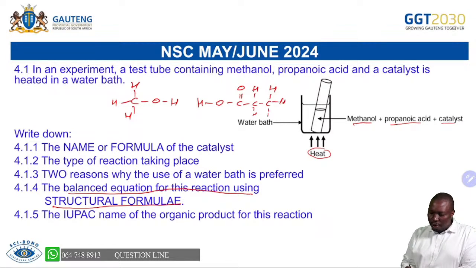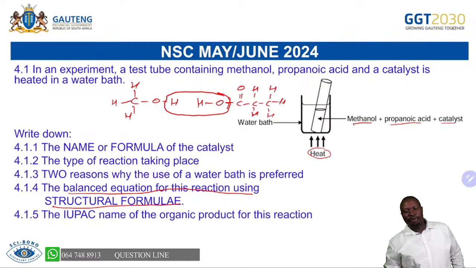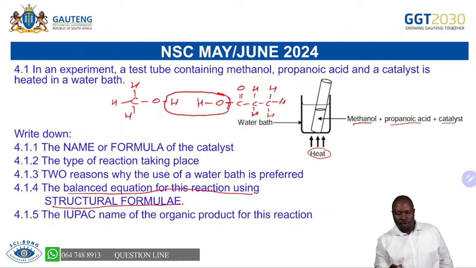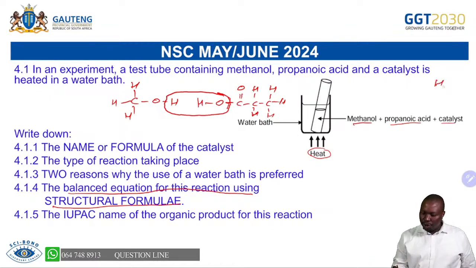Then, the balanced equation for this reaction using structural formula. So you see that this is what is going to happen. We are removing the OH from the carboxylic acid. We are removing the H from the alcohol, and that is going to form water, H2O.